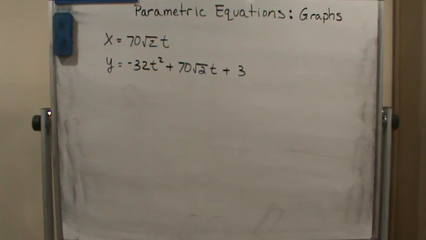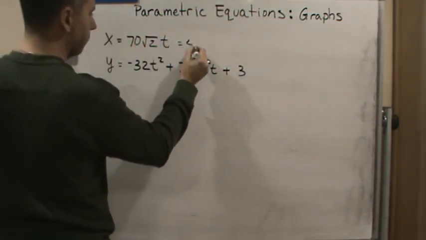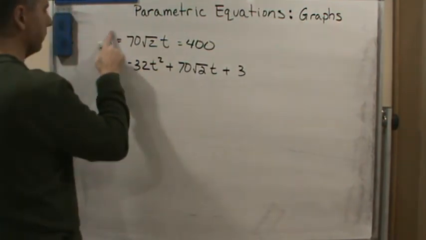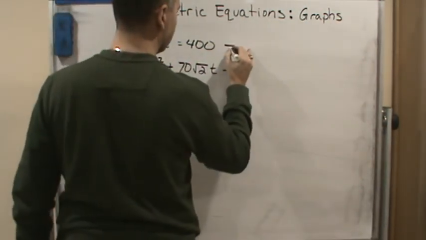Okay, now what I'm going to do is set x equal to 400 and solve for t.